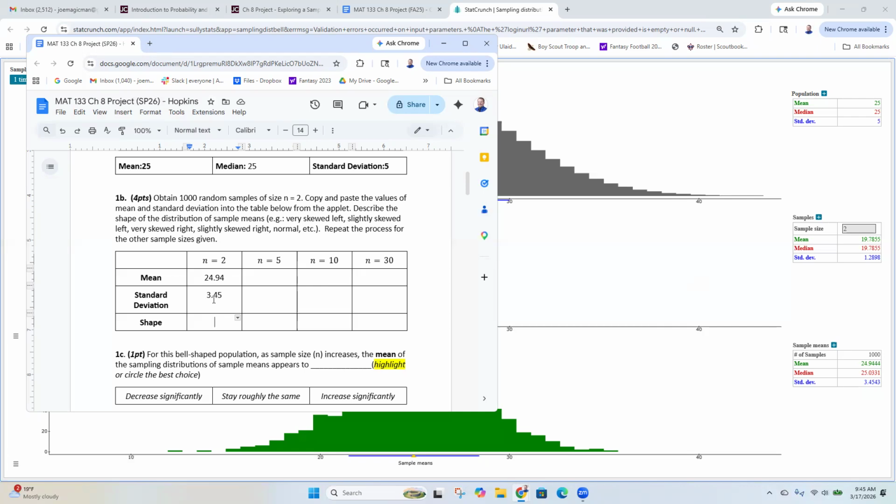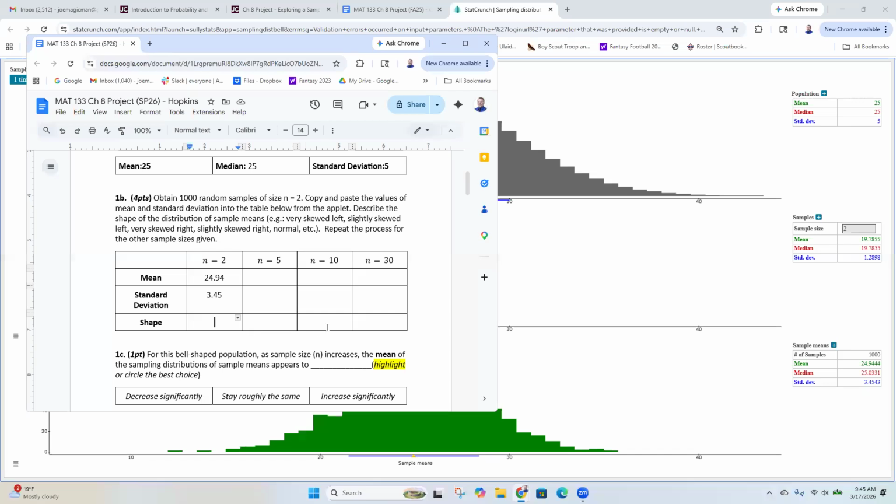What did you get for standard deviation? Did you get somewhere around 3.4, 3.5, 3.3? What did you guys get? 3.5, 3.45, 3.7. Okay. Those all sound excellent.